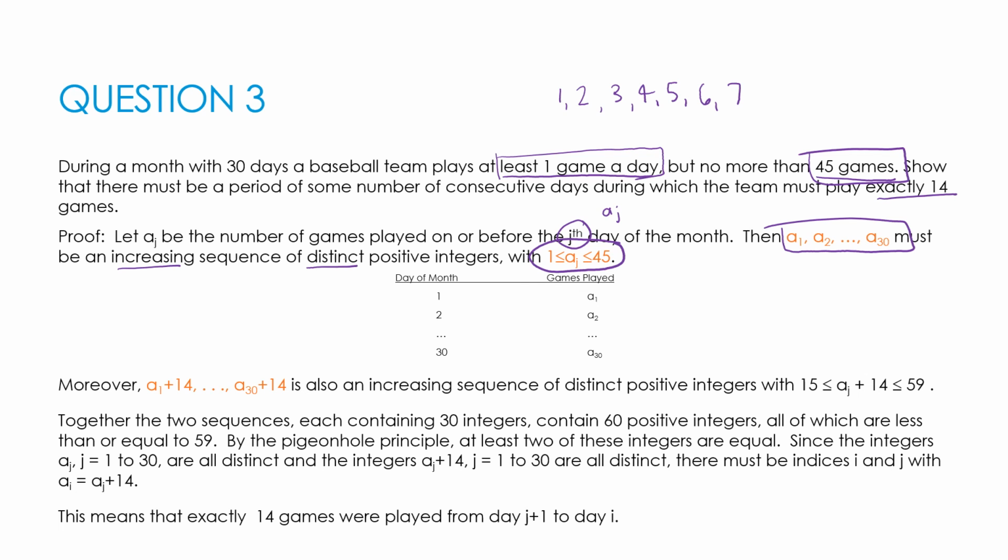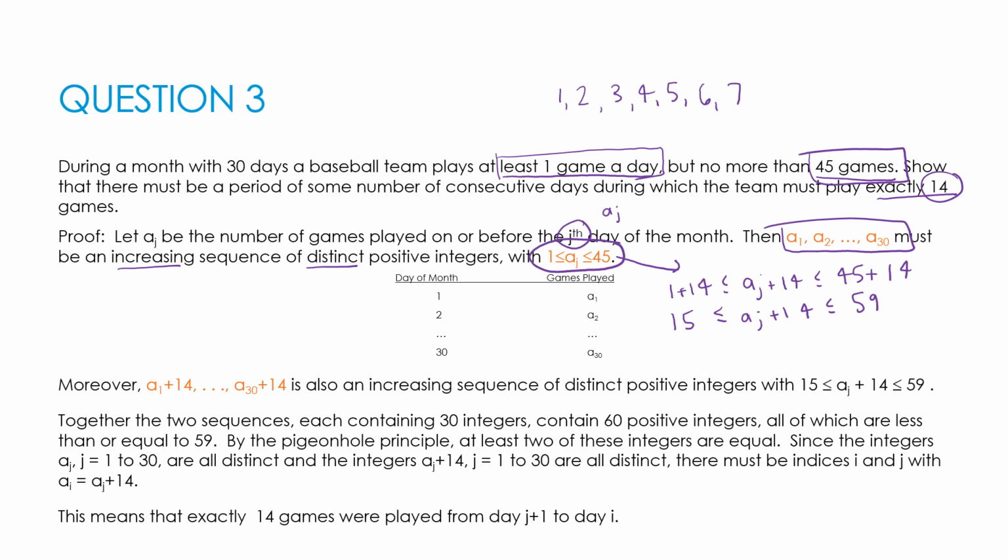Now, let's take this, and just for fun, because we're dealing with 14 games, let's take 1 plus 14, A sub j plus 14, and 45 plus 14. What does that give me? That gives me 15 is less than or equal to A sub j plus 14, which is less than or equal to 59. Do you agree that that is still true?